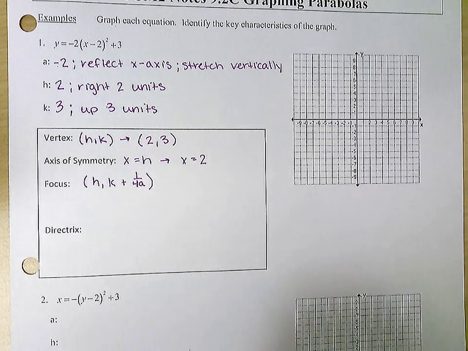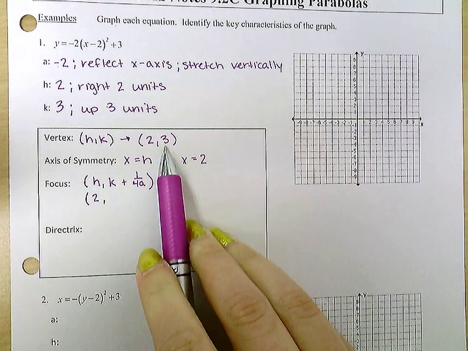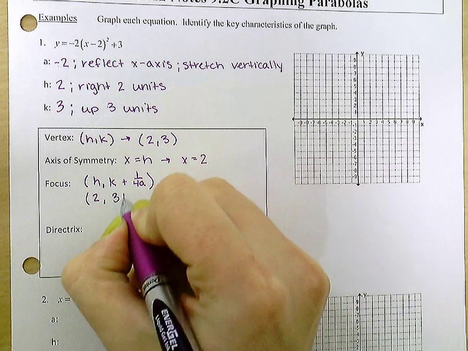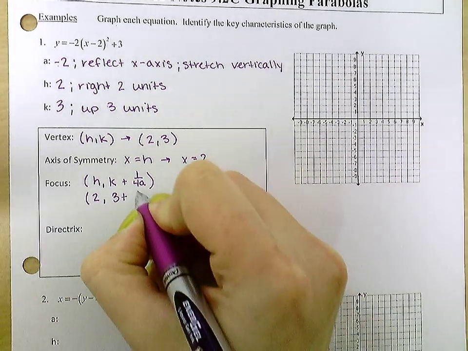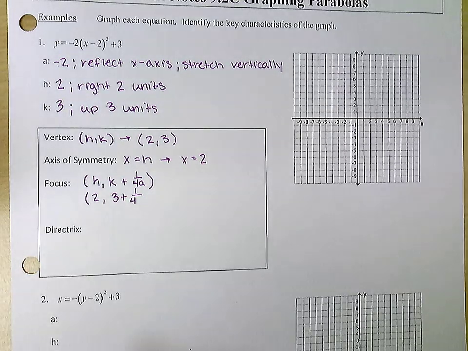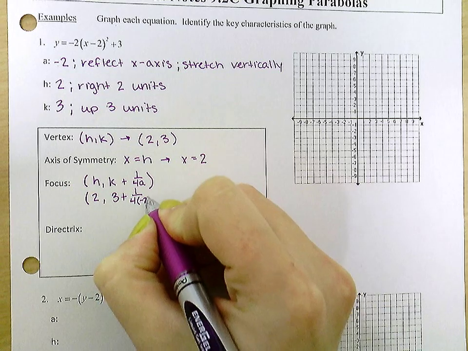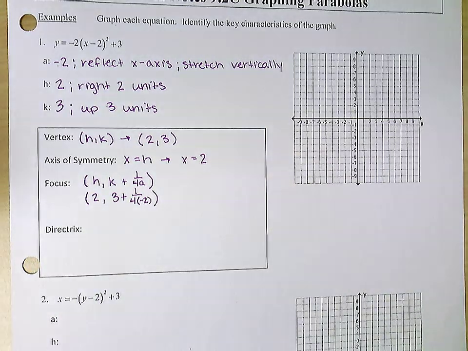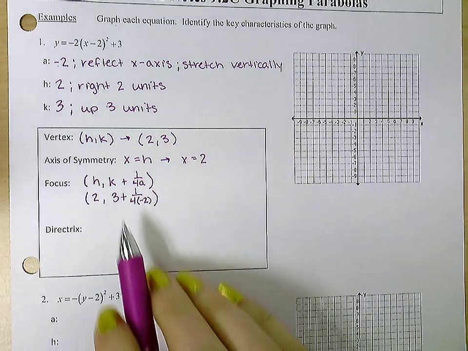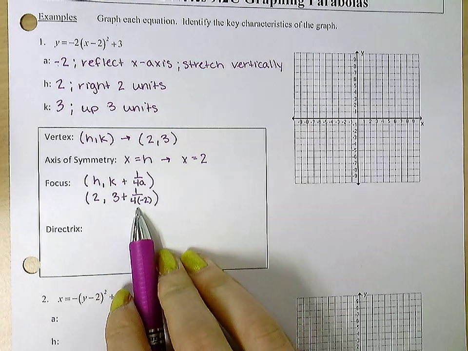Our h value is 2, k is 3, add on 1 over 4 times our a value. Now our a value is -2. So I just need to add 3 plus 1 over -8.